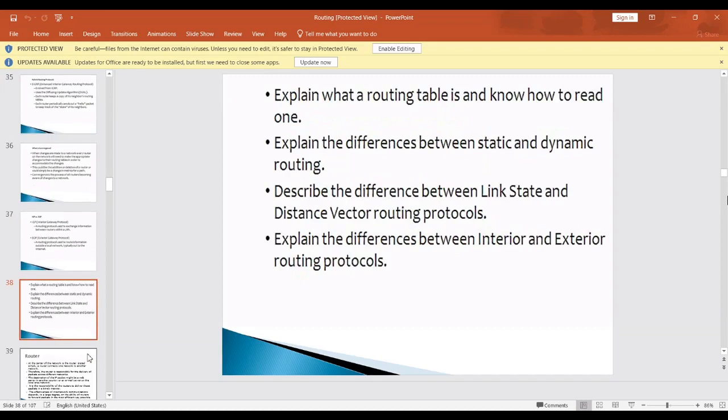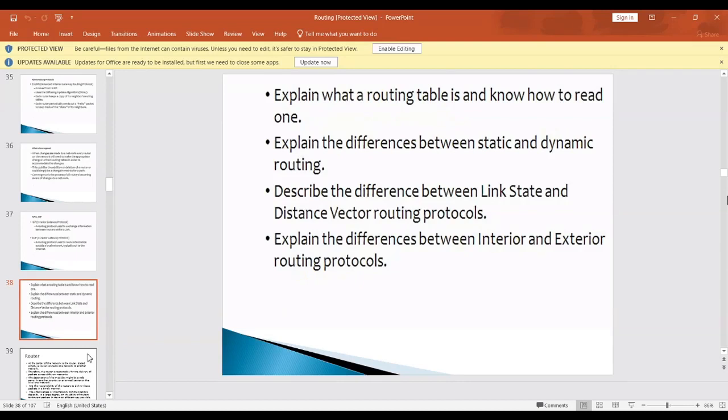So I think now you can explain what a routing table is and how to read one. I have explained the difference between static and dynamic routing, and you are also capable of describing the difference between distance vector and link state routing protocols, and between interior and exterior routing protocols.